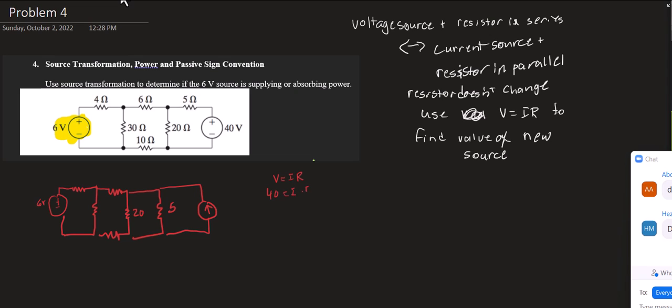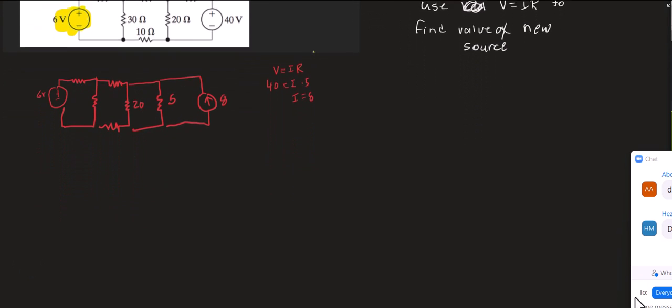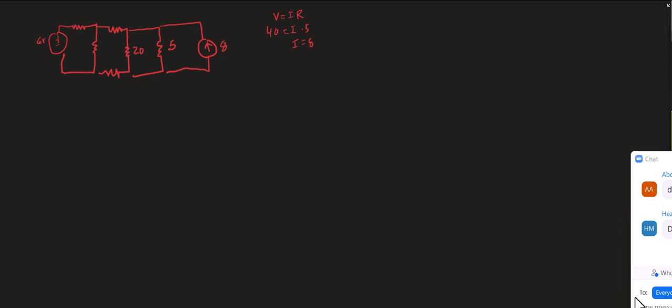The resistance is 5, so I equals 8. Now my 20 and my 5 ohm resistors are in parallel, so I can combine them with product over sum. So 20 times 5 over 20 plus 5 equals 100 over 25 equals 4.